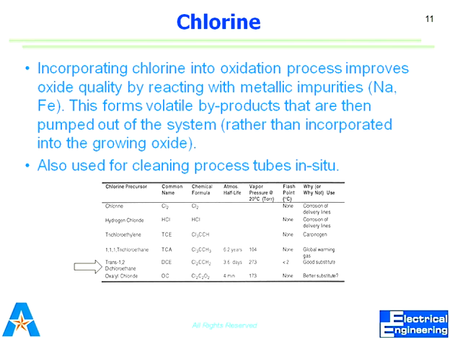And if we look at this table, you can see that there are different chlorine precursors or different sources that can be used or have been used. But some of them have their drawbacks, and that's why we cannot use them. So I'll talk briefly. Chlorine can be used to provide chlorine, but the problem is that it's very corrosive.